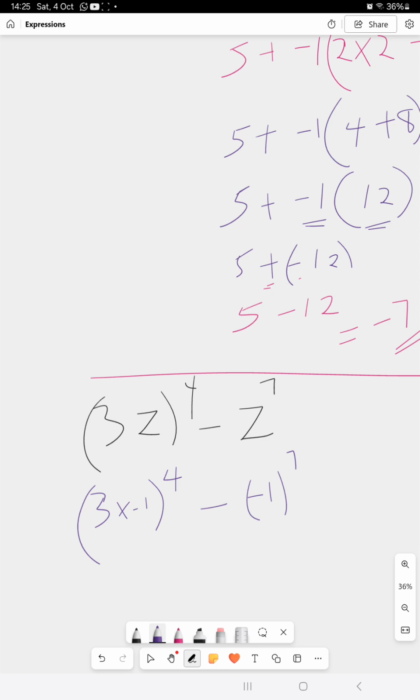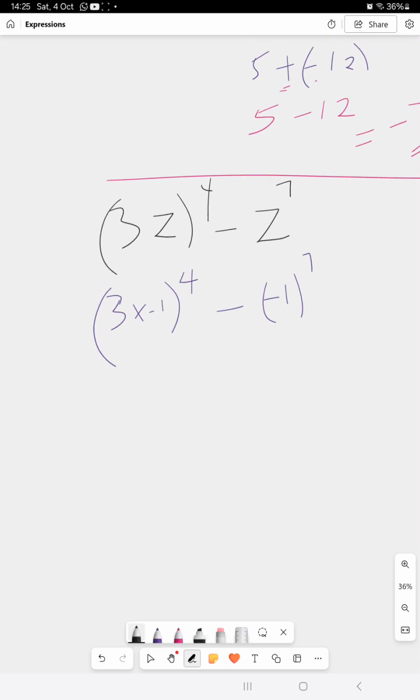Now take note of this. It's very important. When the power is an even number, this is negative 3 power 4, then minus negative 1 power 7, and this you get negative 1.